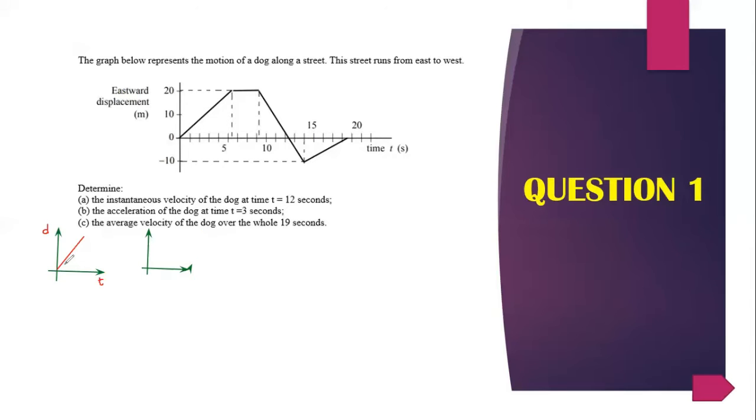Nangkap nggak? Perbandingan D terhadap T berarti itu velocity. So the gradient equals velocity, right?